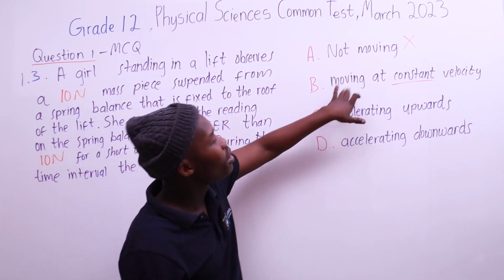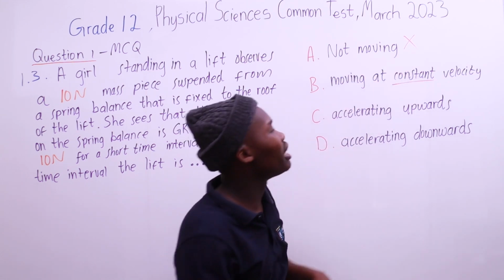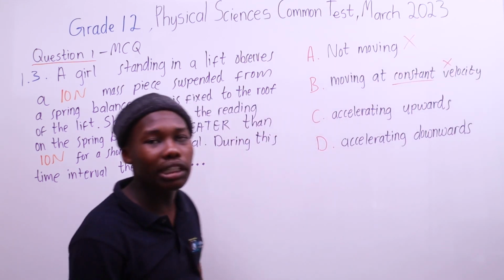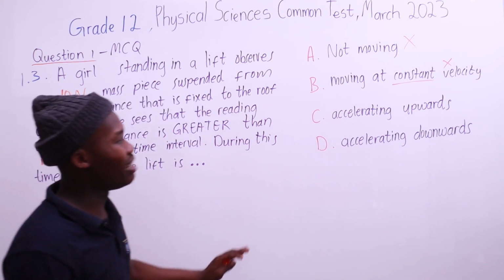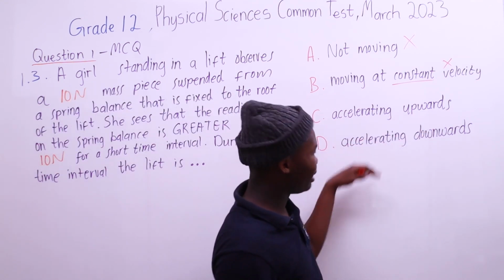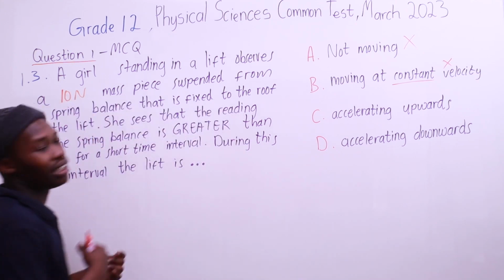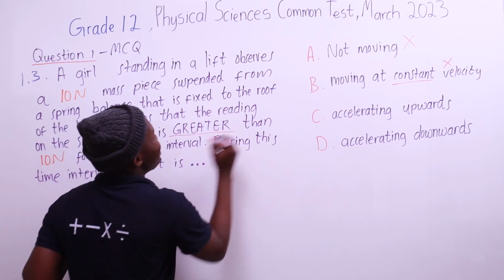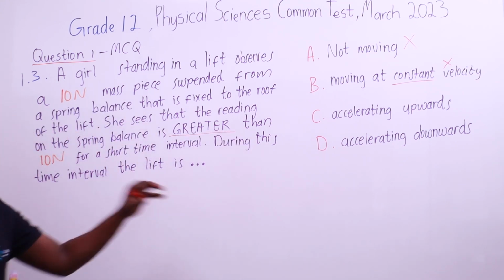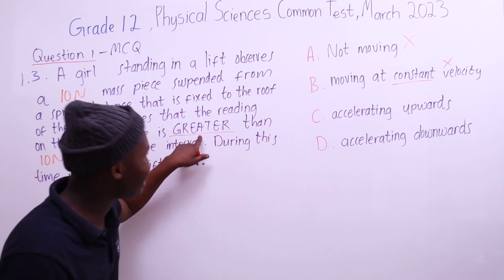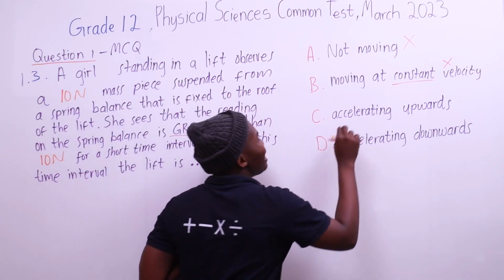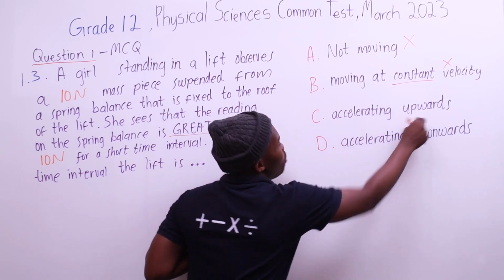And then B, moving at constant velocity, is the same. Constant velocity means 0 acceleration, just like being stationary. Then look, accelerating upwards, accelerating downwards. How do we choose which one now? Remember they said it was greater. It was greater, not smaller. If it's greater, it is upwards. So the answer would be the lift is accelerating upwards.